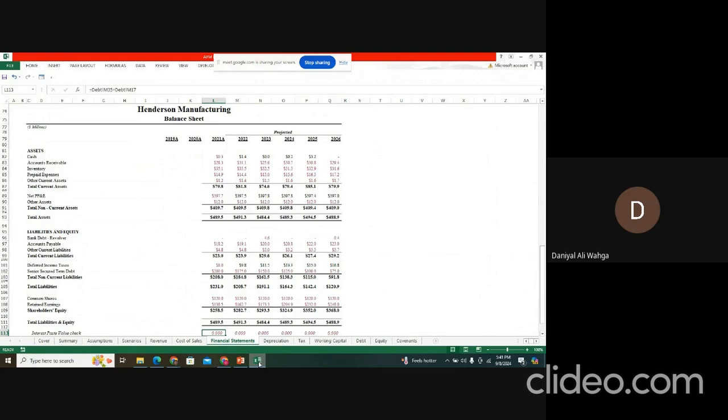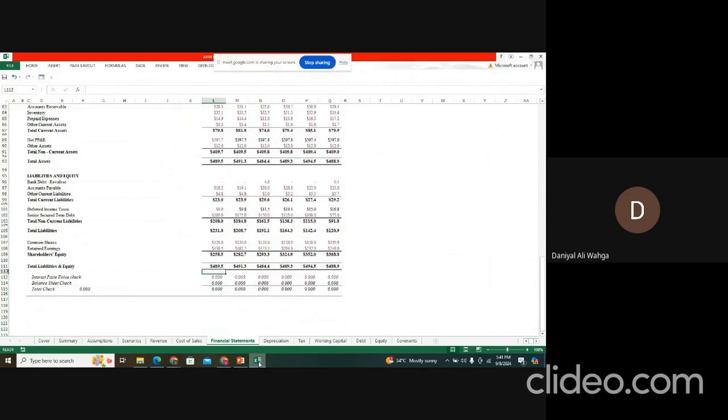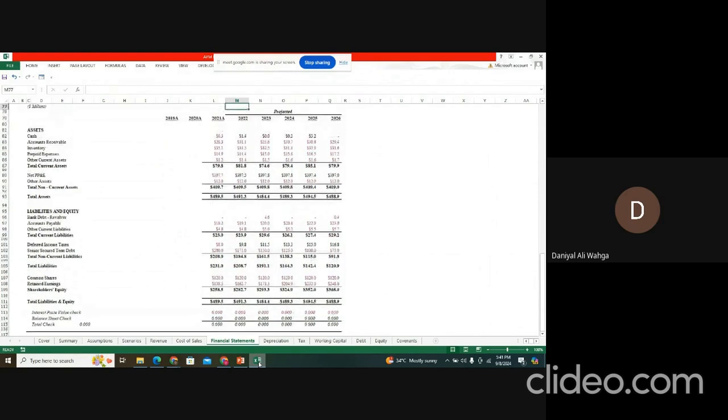I have my common share issues and my retained earnings. These should be part of my equity balance. My total equity and liabilities. Then you can see below there's a balance sheet check. I check my interest payments and my debt acquisition, and that has been valued upward.